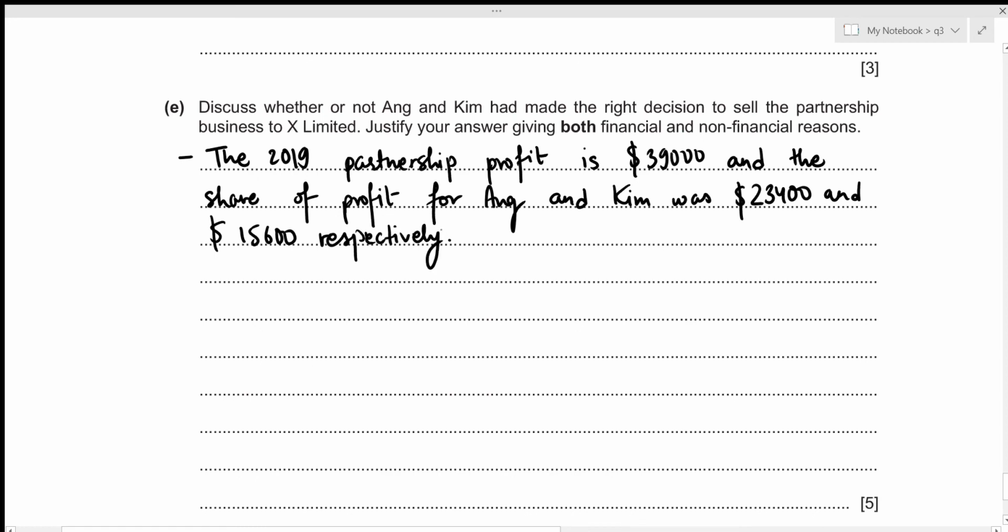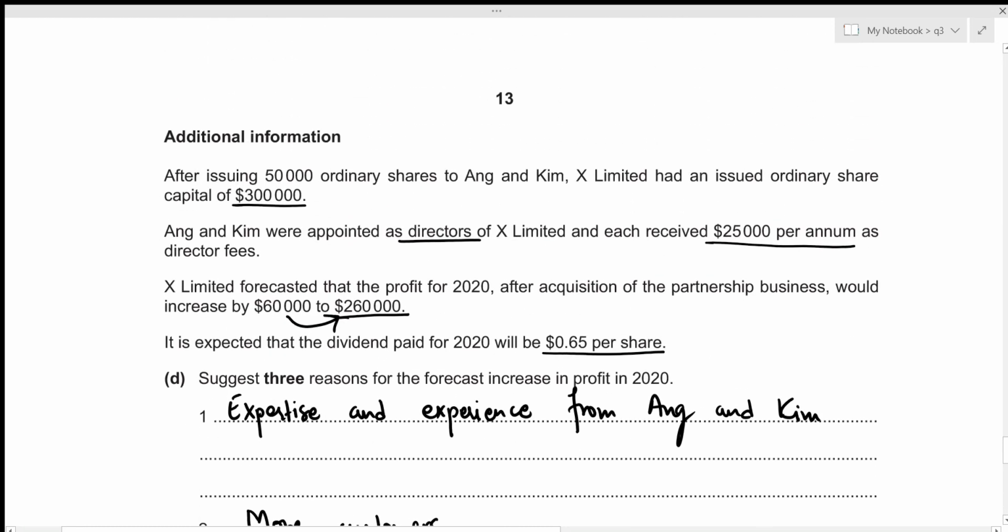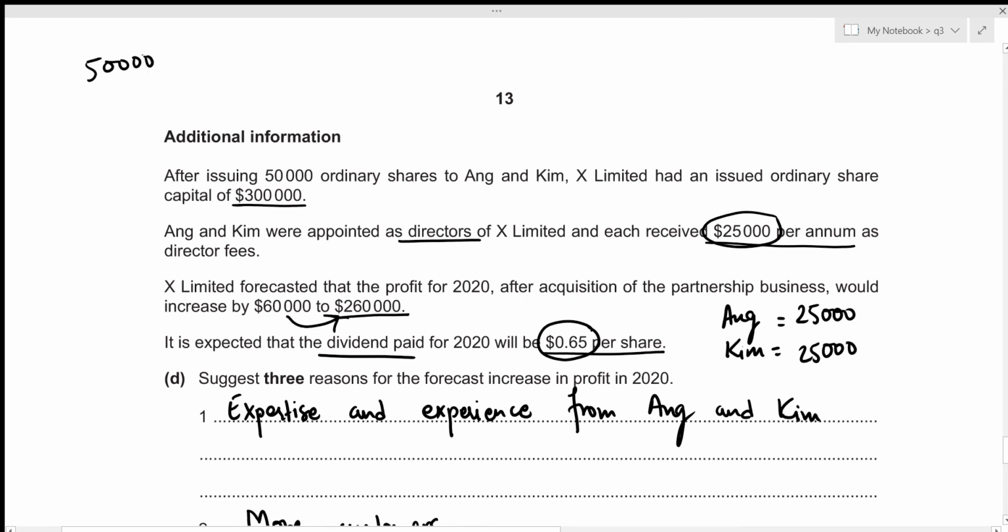Okay, now let's figure out their income from X Limited. So we know that they are each receiving 25,000 per annum. So for Ang and Kim, they are both receiving 25,000 as director fees. And they are also receiving the dividend, and the dividend is 0.65 per share, and we know that they were given total of 50,000 shares, and 50,000 was divided among them equally, which means that Ang got 25,000 and Kim got 25,000 as well.